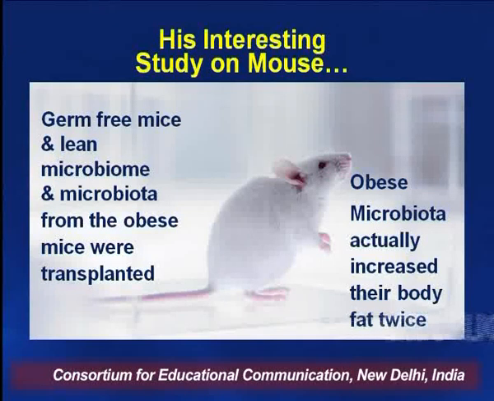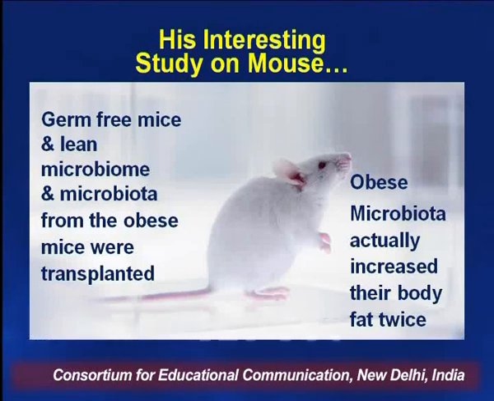So they had lean mice, germ-free mice, and obese, fat mice, right? They had three types of mice in the beginning, and they took the microbiome from the lean mice and the microbiome from the fat mice.